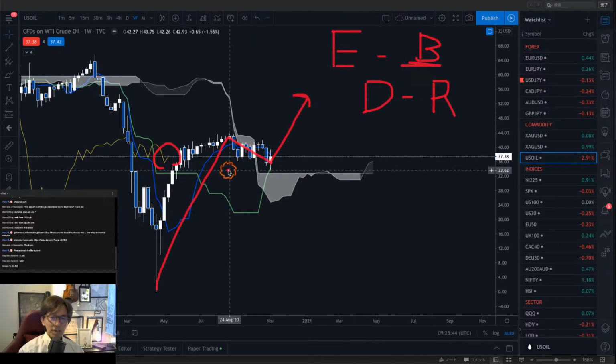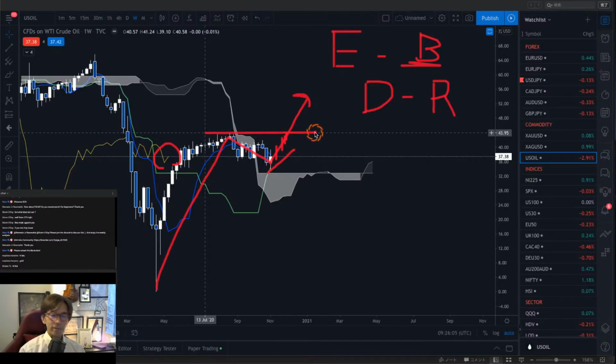But the direction-wise, this is retracing. So let's see next week if the market will be supported by this Kijun Sen and will go up, then that will be a buy. To be safer, you want to wait for the recent high breakout of this 43.95 area.